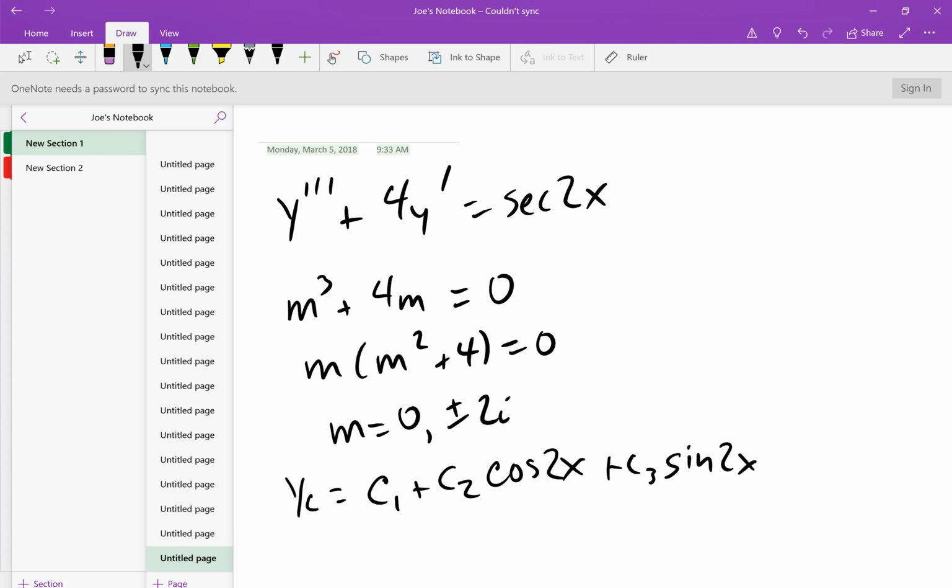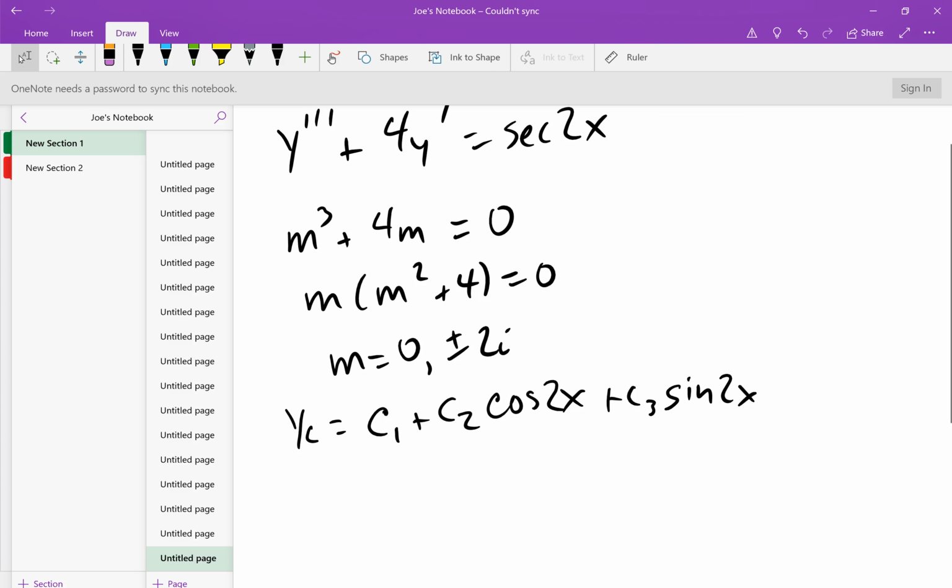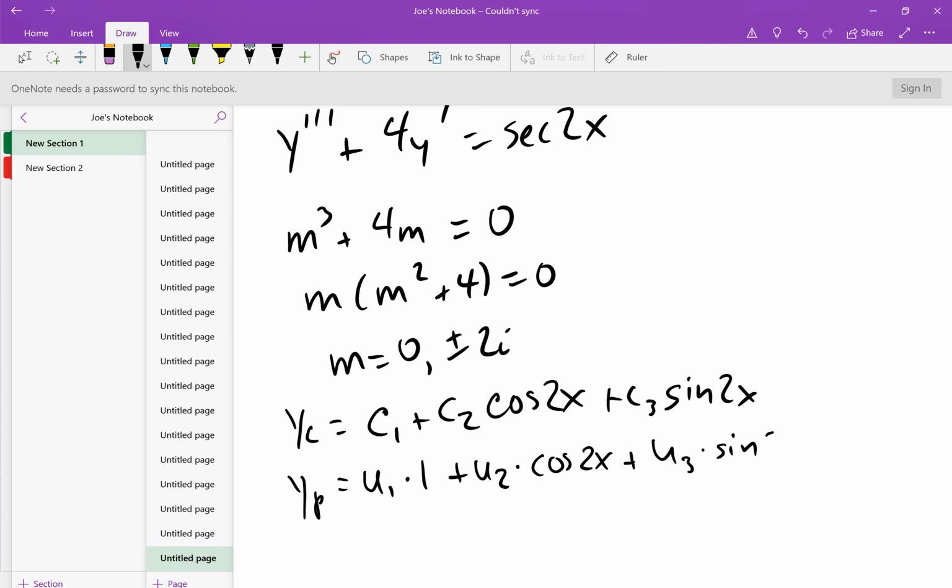Remember, with the method of variation of parameters, we're looking for u1, u2, and u3, so that when we multiply them by each member of our fundamental set, we get a particular solution to the non-homogeneous equation. So let's switch over to GeoGebra to help us with this problem.